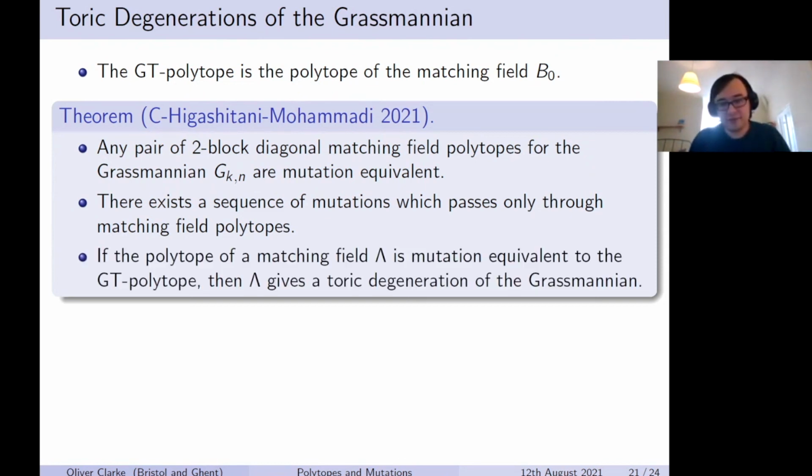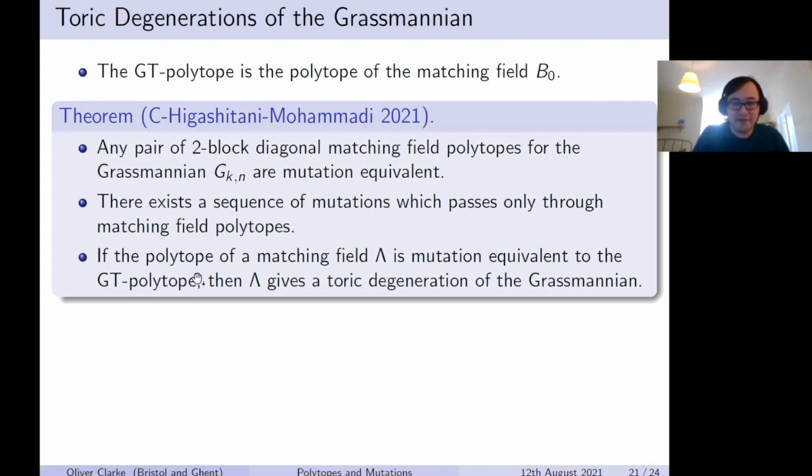Something else that we show is that if you have any other matching field and its polytope is mutation equivalent to the GT polytope B0, and you could replace this with any other polytope that arises as a toric polytope for the Grassmannian under degeneration, then that matching field also gives rise to a toric degeneration.